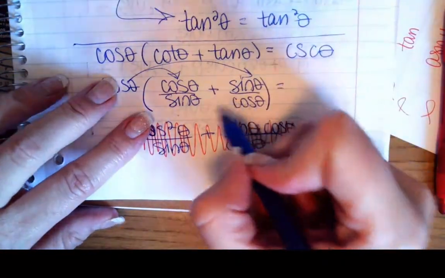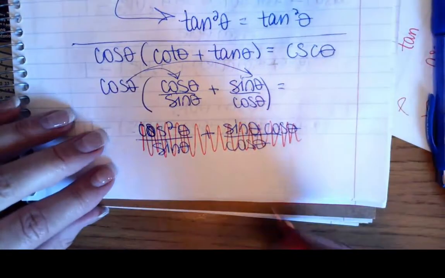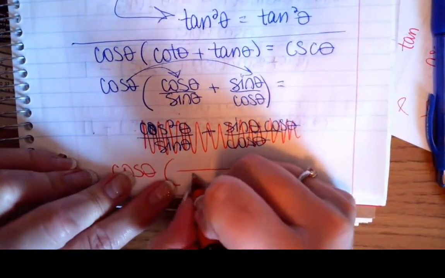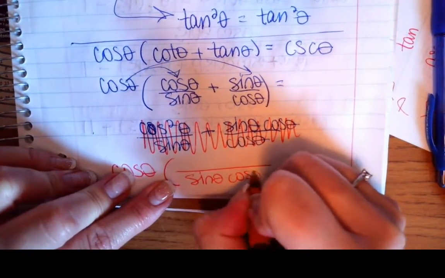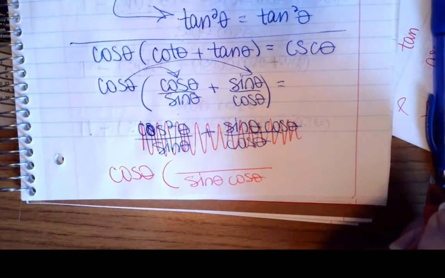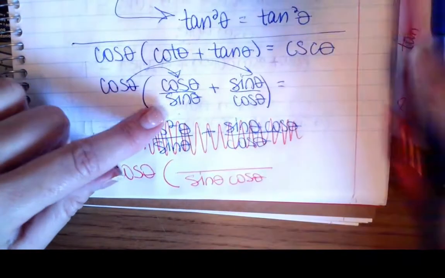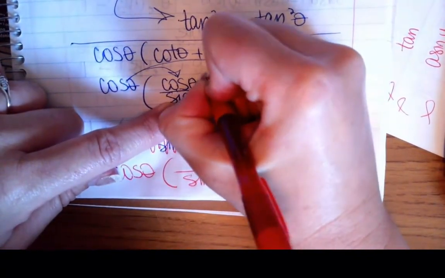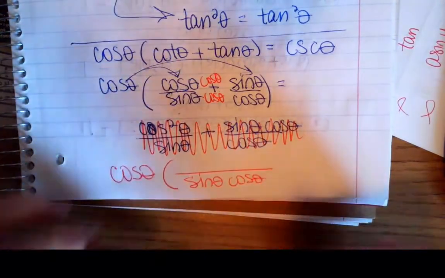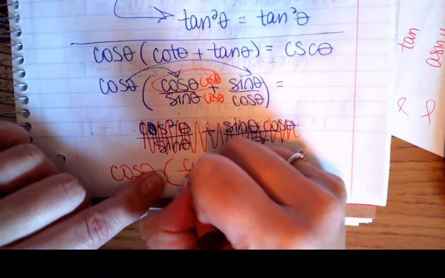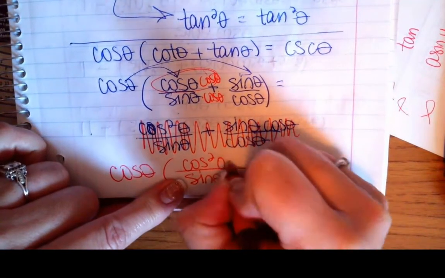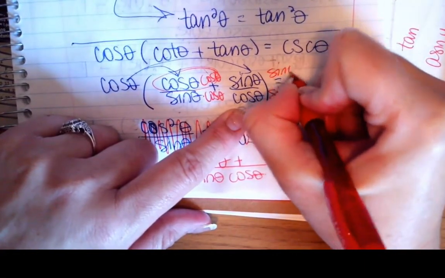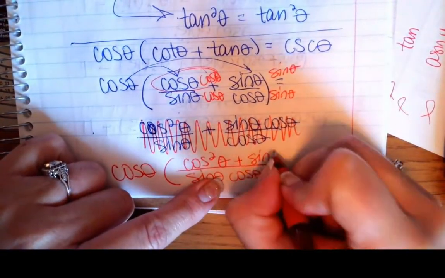So my common denominator is sine cosine. I've got cosine theta, and then my common denominator is sine theta, cosine theta. And then, this one needs the cosine, so I'm going to multiply top and bottom by cosine. So this becomes cosine squared. And then plus, this one needs a sine, so that part becomes sine squared.